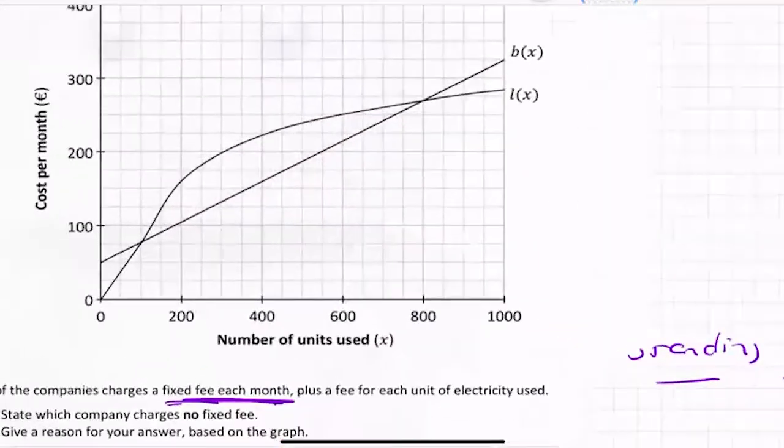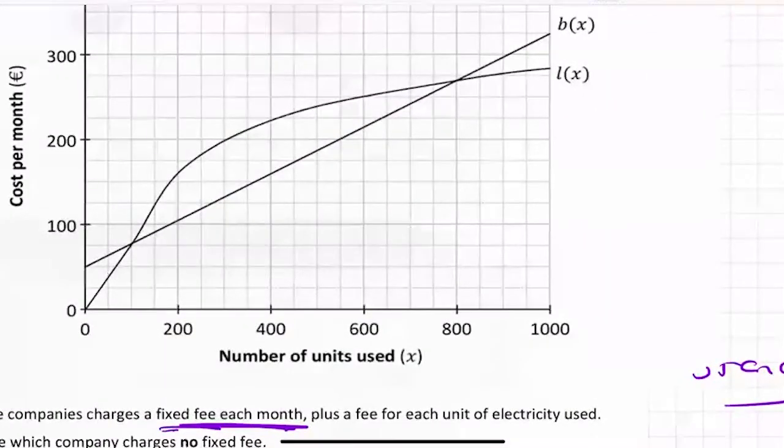Let me try and describe some points that are good. Good points are the ones at the corners of the boxes, so that it's got a set value. The bad ones are in the middle of a box, because it's hard to read off the x and y coordinates of those. So when I'm looking at the B graph, which is the straight line, I'm looking for ones that cross at a whole box.